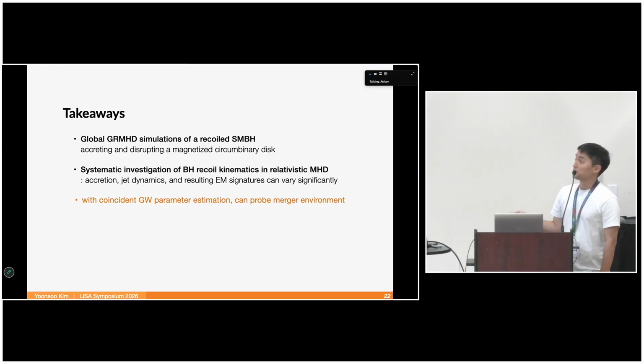If we can estimate the orbital inclination of the supermassive black hole binary before the merger, and determine this angle relative to the disk, looking from the EM afterglows, maybe this could be an interesting way to get some information about the merger environment. And that's it, and I'll take any questions.